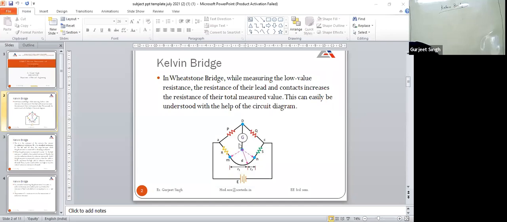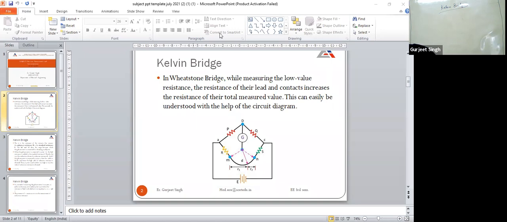We will discuss that. We will not connect the galvanometer to the point M. We will not connect the galvanometer to the point N. We will connect the galvanometer to the point D. Because we have to measure this unknown resistance capital R, and when we connect the galvanometer to the point D, this R1 resistance and this R2 resistance will not have any effect on this capital R resistance.